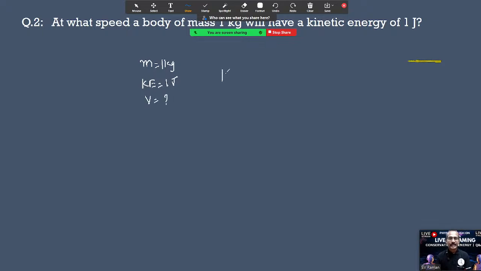As you know, kinetic energy is equal to half mv square. So kinetic energy, which they have given as 1 joule, is equal to half into 1 into v square. So v square is equal to 2, because 2 into 1 is 2.